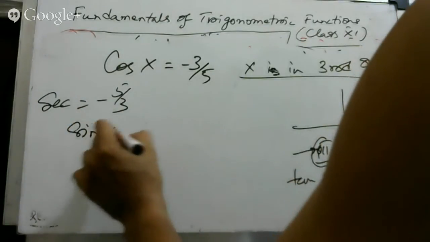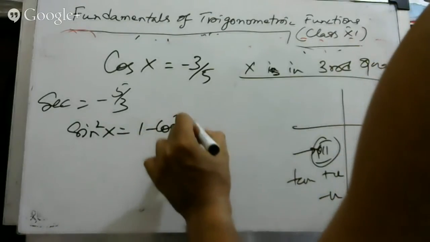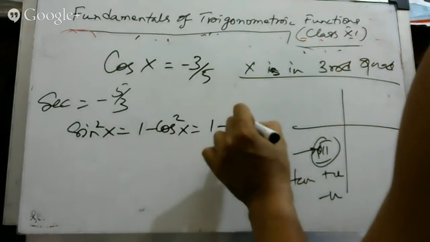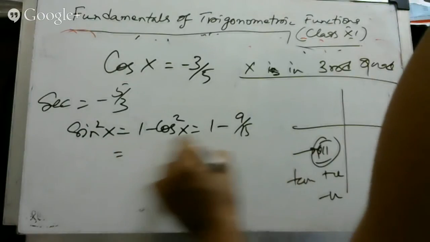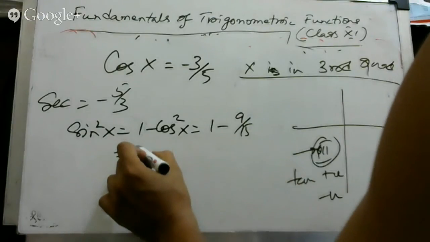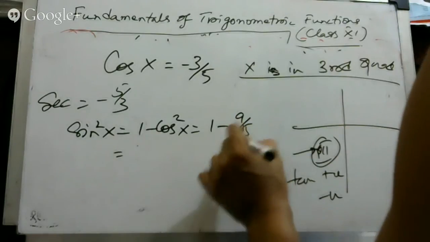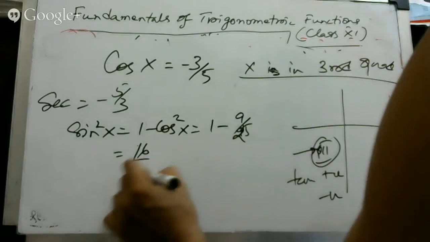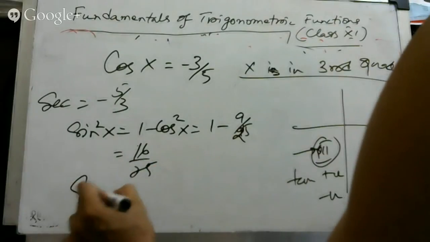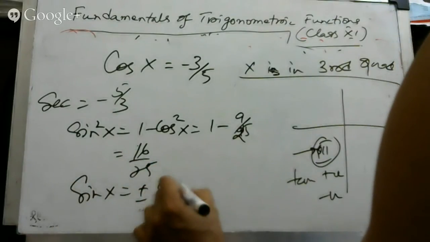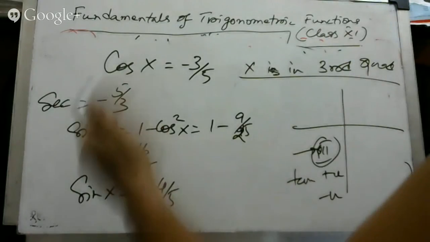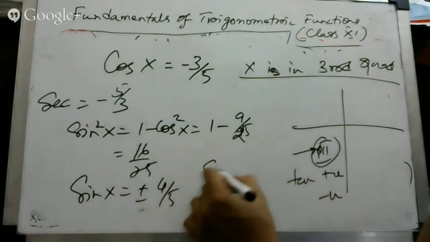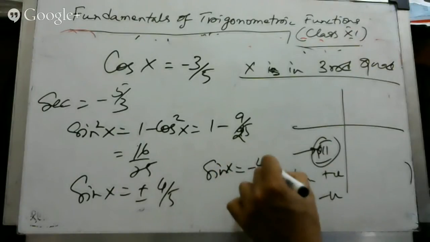Sine square x is equal to 1 minus cos square x is equal to 1 minus 9 by 25, which is equal to 16 by 25. So sine x is equal to plus or minus 4 by 5. But since it is in the third quadrant, sine x is negative, so sine x is minus 4 by 5.